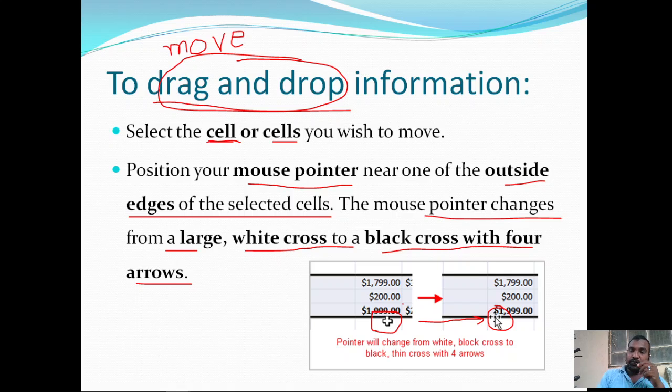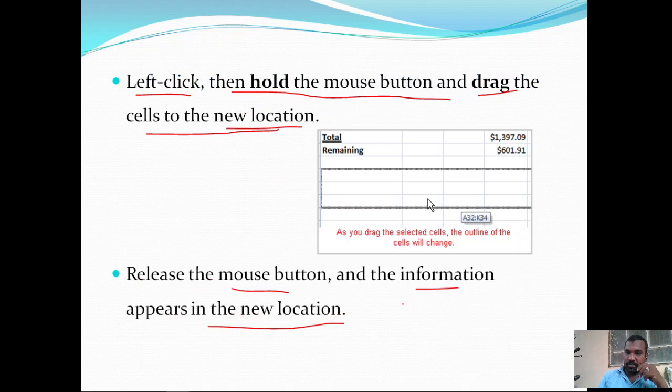First of all, you need to select one or more cells you wish to perform the drag and drop operation on, then move your cursor pointer to any one of the edges. The shape of the mouse is changed with black color arrows.